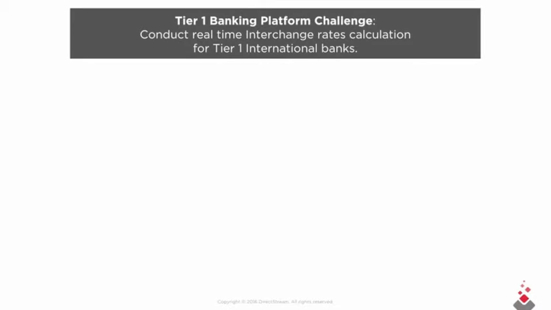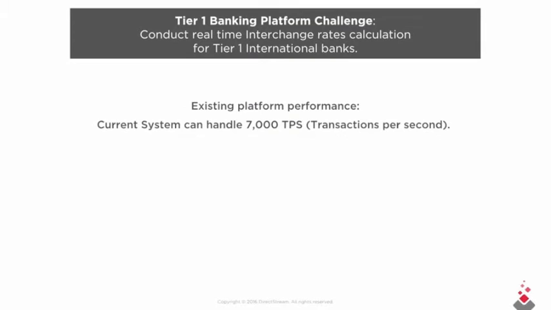One last citing here is if we look at some work we're doing right now with a Tier 1 financial service group that provides banking software to Tier 1 international banks. They currently have to calculate interchange rates for these banks, and they may have thousands to tens of thousands of calculations. The first question was will the Directstream rules engine be able to accommodate?